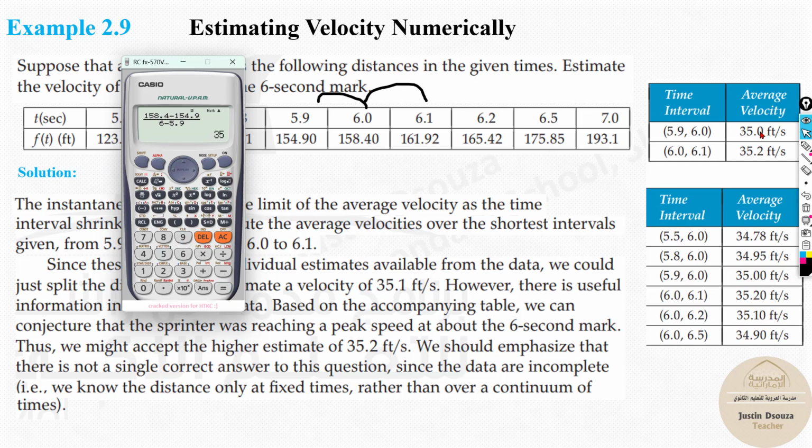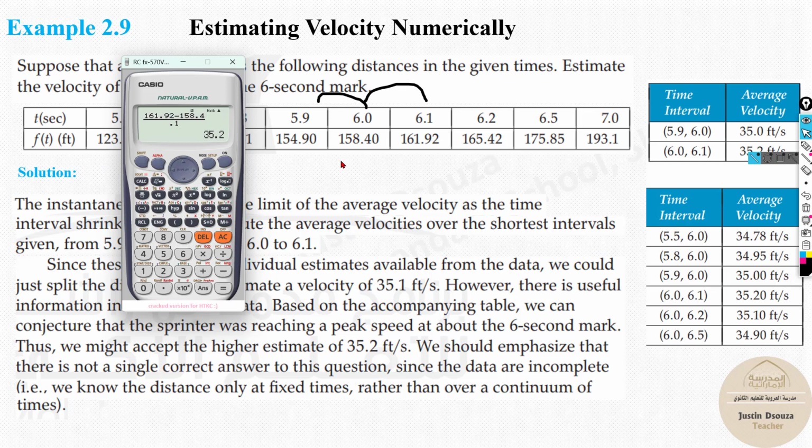So this is the answer. It's 35. You can see during the time interval over here, it's 35. Now what about the others? The same thing over here. It'll be 161.92 minus 158.4, divided by 0.1, which gives us 35.2.